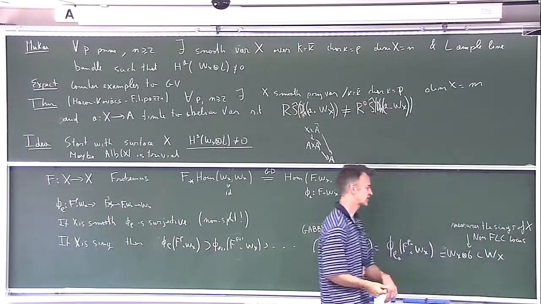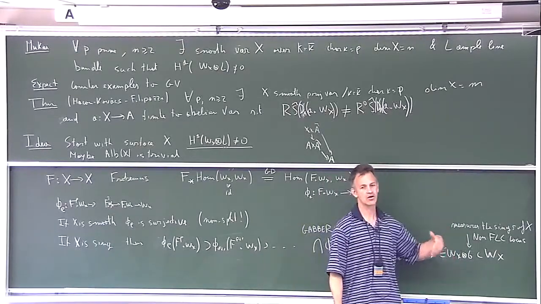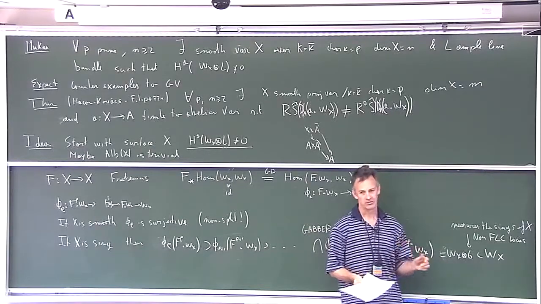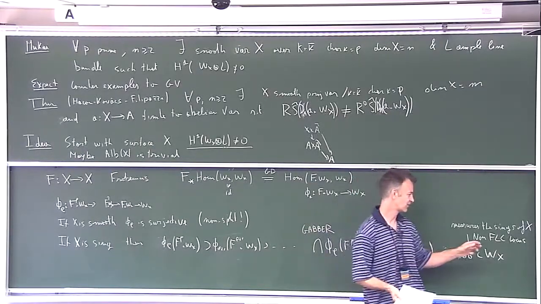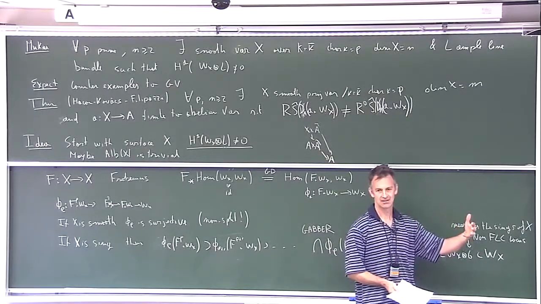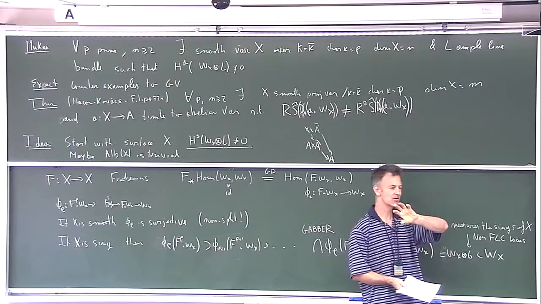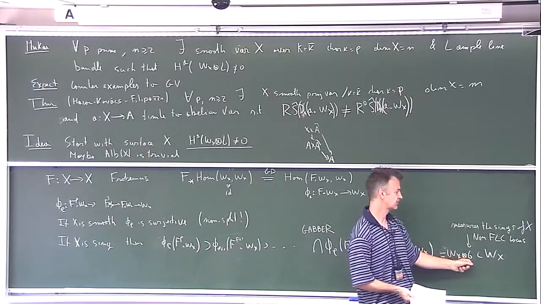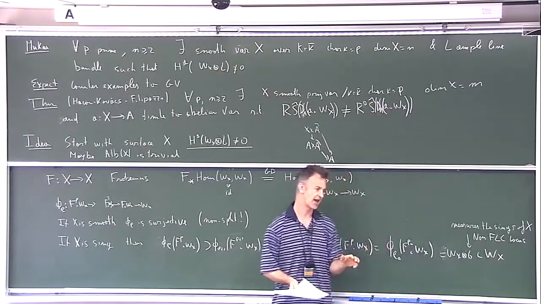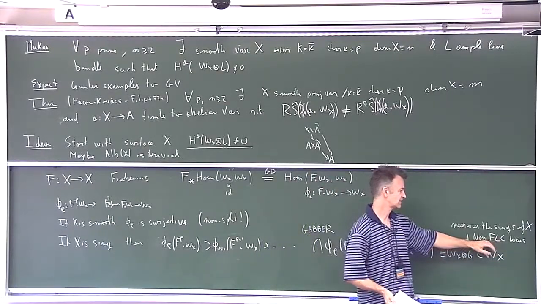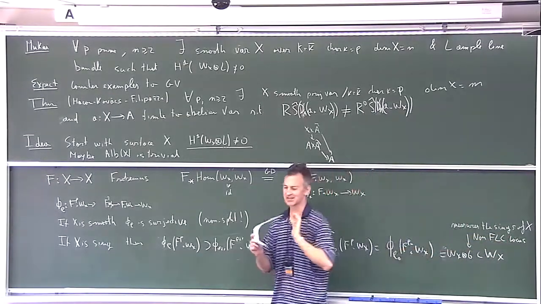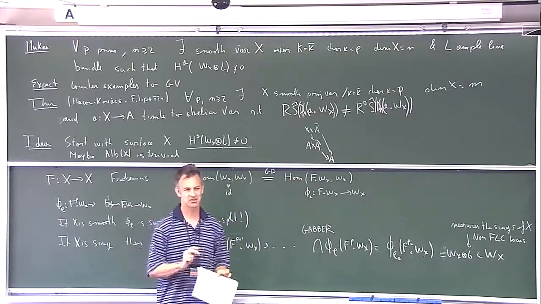If you were in characteristic 0, it should correspond to the non-log canonical locus. In characteristic p, almost, not quite. If you start with something in characteristic 0, for infinitely many p's, maybe this corresponds to the non-log canonical locus. There is a dictionary like this, but it's a bit vague. It's supposed to remind you of the log canonical locus, and I put the F in front to tell you that it's not exactly the same thing. It's just intuition.